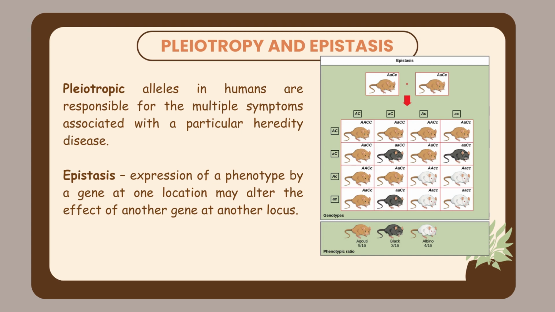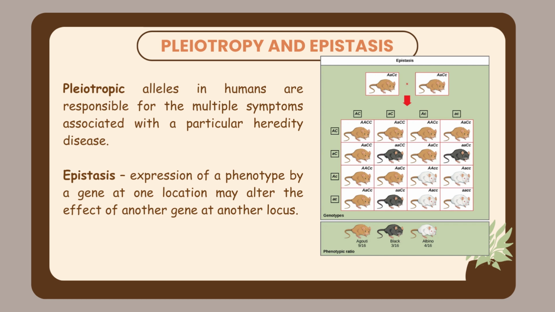Next is brown and half white. Next is one brown, one black, and two white rats. This is the representation of the genotype. Next is the phenotype, the visible characteristics of the rats: brown, black, and white. In all, we have the ratio of 9 to 3 to 4.